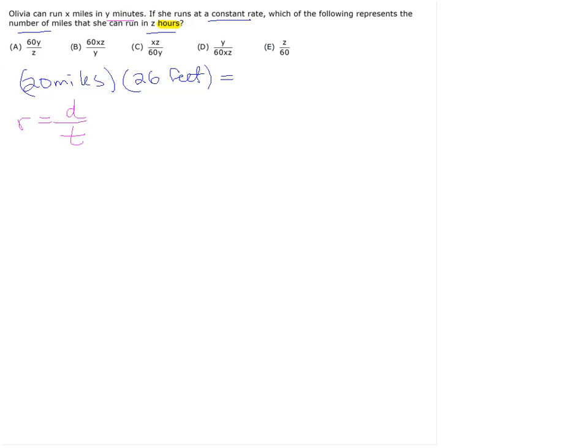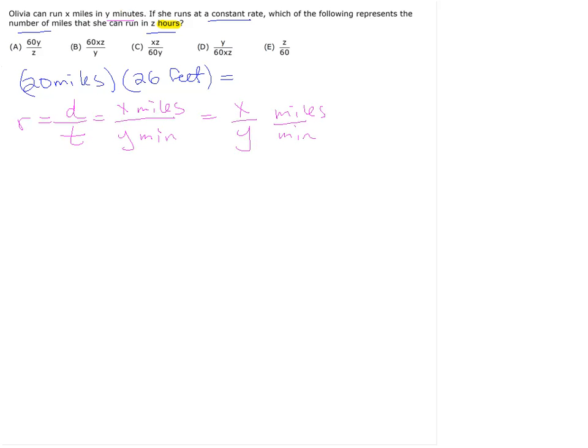So her rate is X miles divided by Y minutes. That's her rate in miles per minute, right? And we may even want to tighten this up a bit and say, well, that's the same thing as X over Y miles per minute, whatever makes sense to you.